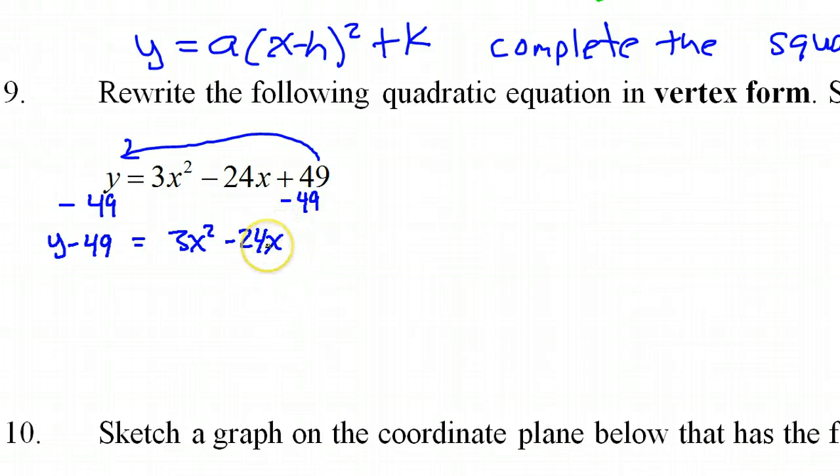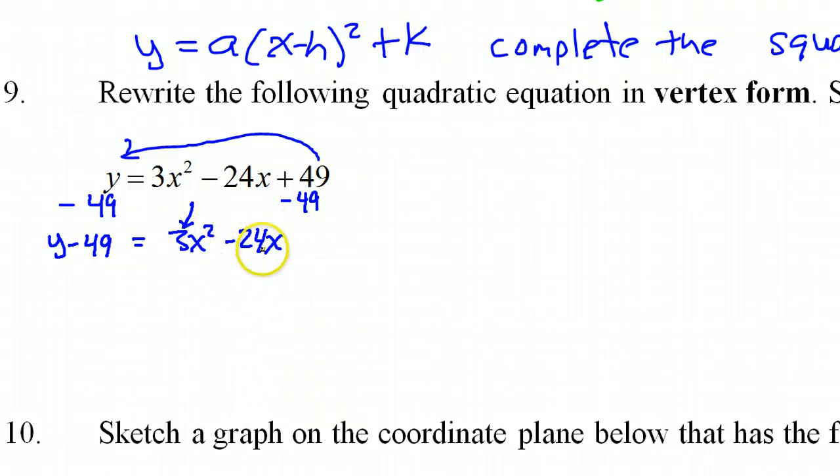Now comes the first common mistake that students will make. We are not going to complete the square yet. In other words, I'm not going to take half of the 24 and square it and get 144. The reason is because of this 3.